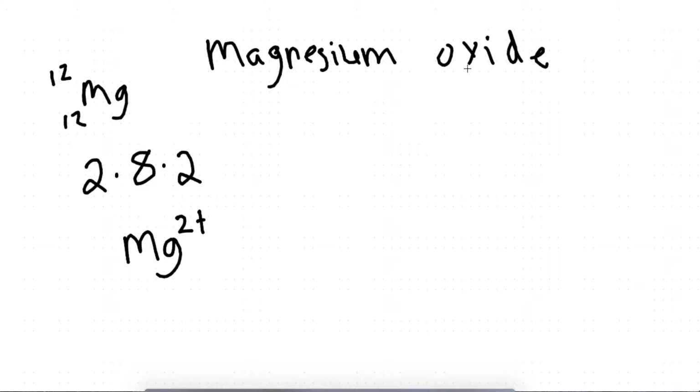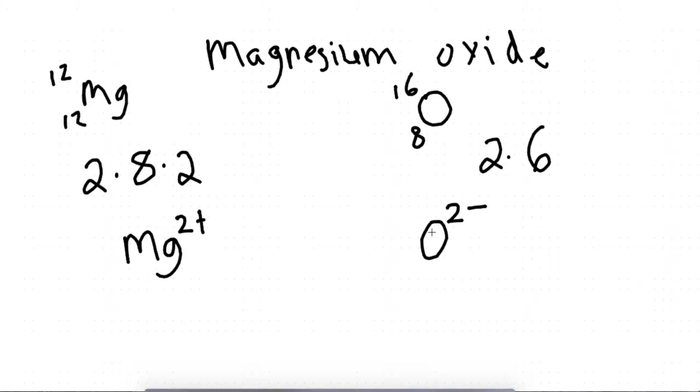O, because it gained 2, 2 minus. When we put these two together, Mg2 plus and O2 minus, you have a 2 on both sides, they can cancel off, okay? Cancel, cancel. What is your final product? MgO, magnesium oxide. So do you get the logic behind this, guys?